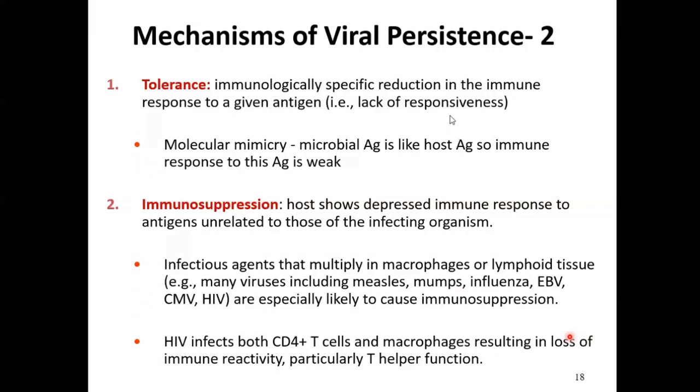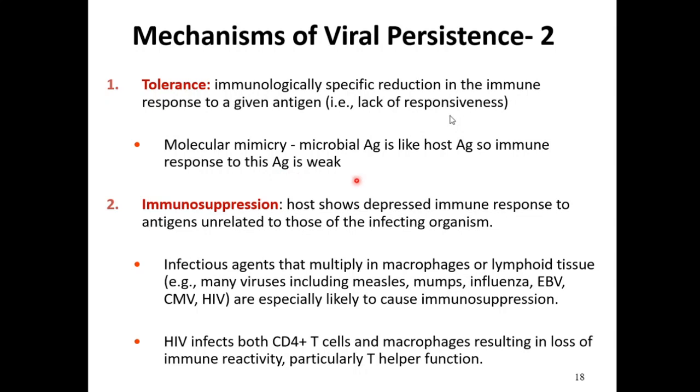So with tolerance, there is a lack of responsiveness. The host defense does not really produce a response, and this is likely because of molecular mimicry. Meaning the antigen of the virus looks like a host antigen, so the immune response to this antigen is weak.